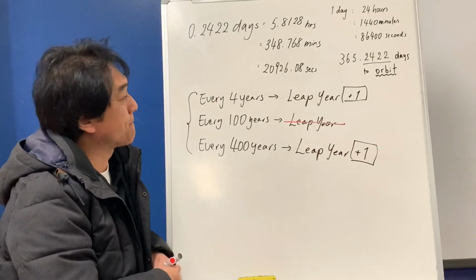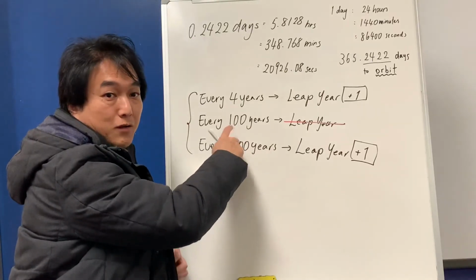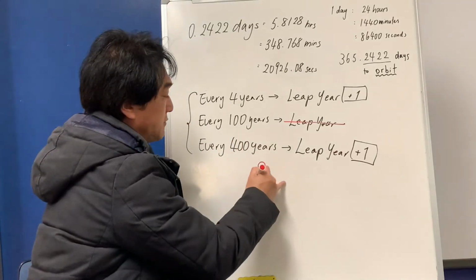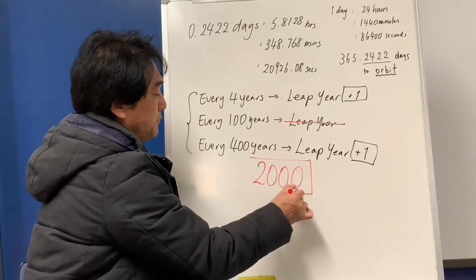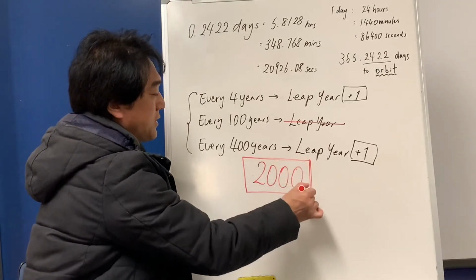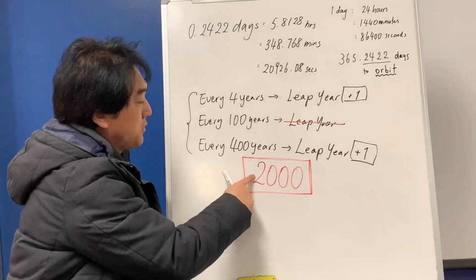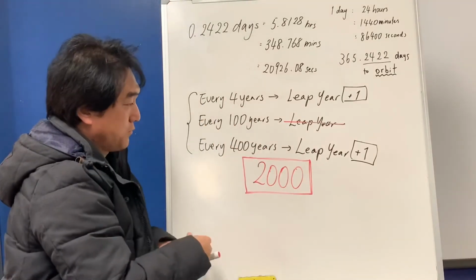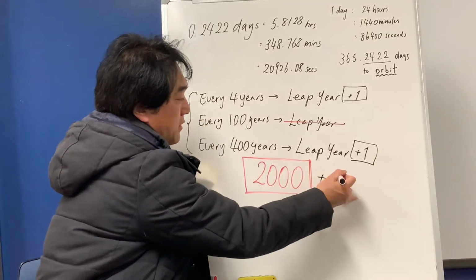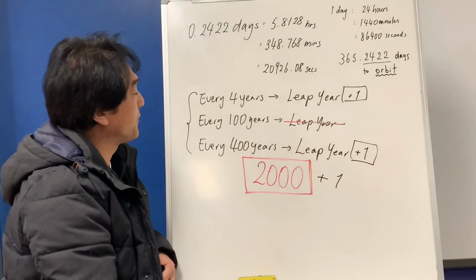So why didn't we know this? When did this happen? Recently was the year 2000. This was the Sydney Olympic year actually. So the year 2000 is a leap year. So we should have added one day, which we did actually.